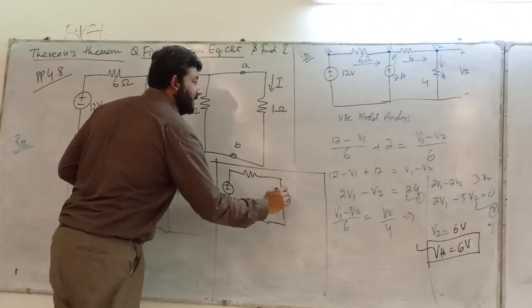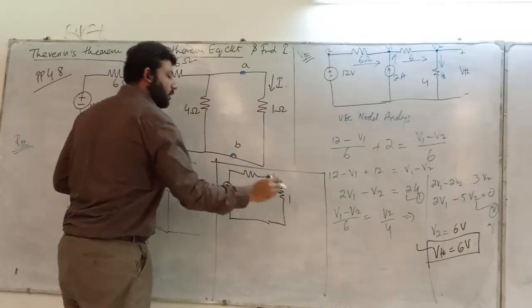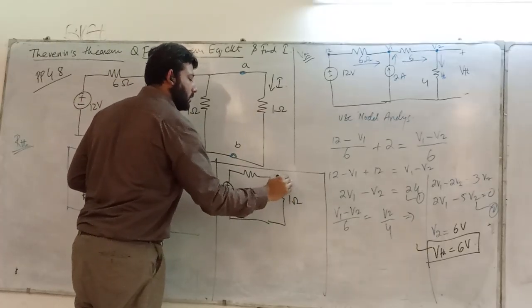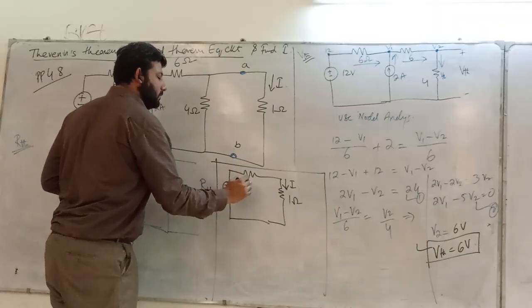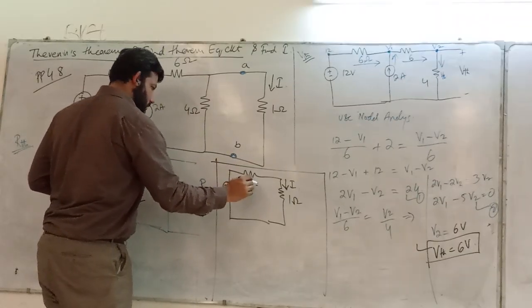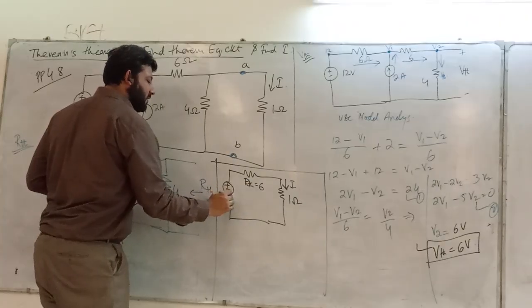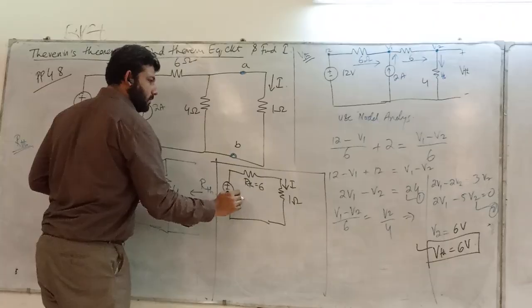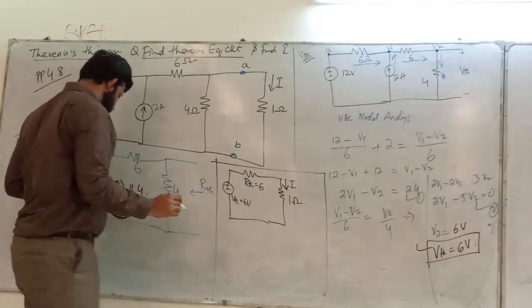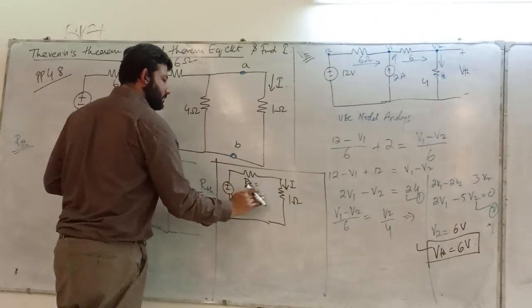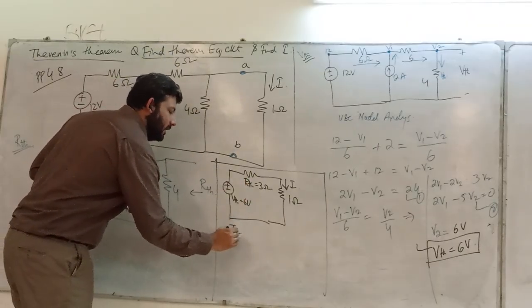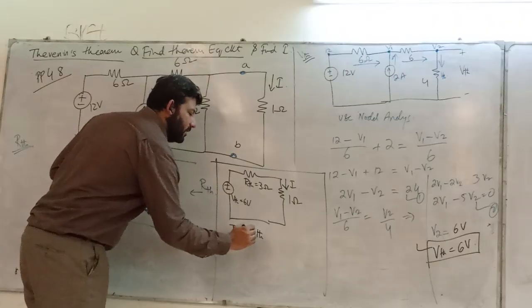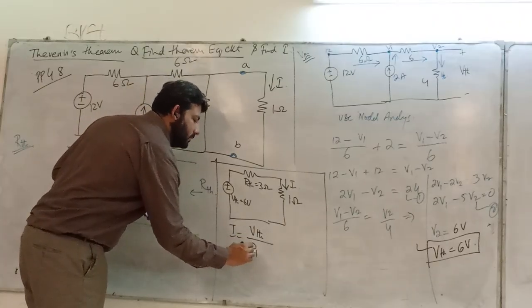Now, let's apply that load resistance. What is V Thevenin? What is R Thevenin? Okay, let's find out I. I is equal to V Thevenin upon R Thevenin plus RL.